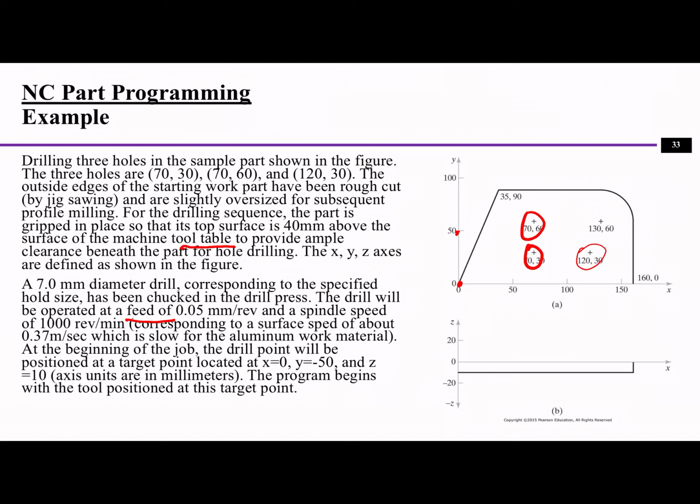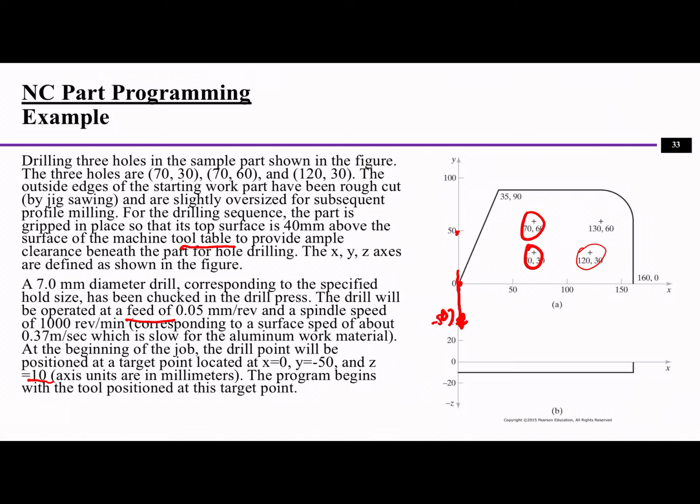This is positive 50, so minus 50 is somewhere here if we extend that axis, and it's 10 above the surface. The program begins with the tool at this target point, the start point where the machine tool begins.